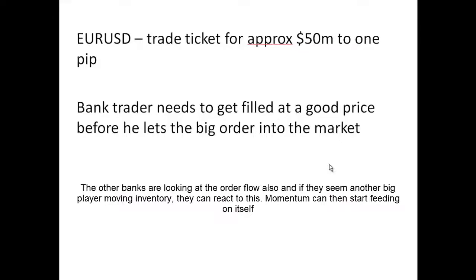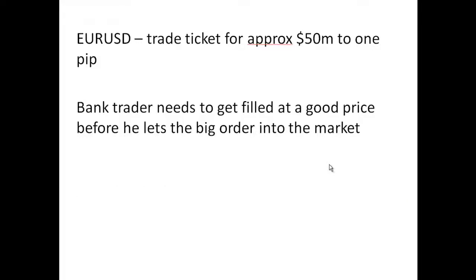Now, how much it moves the price depends on a lot of factors: whether the market's very liquid at that time, what else is happening, is there any news on the market, a whole multitude of factors I'm not going to get into here. But the bottom line is the bank trader needs to get filled at a good price before he lets that big order into the market.